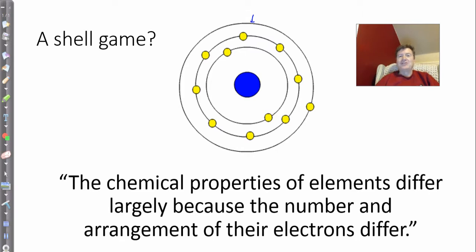Why is nitrogen different than carbon, different than lithium, different than oxygen, different than all of them? Because their electrons are a little different in terms of the number they have, and maybe these shells. We have the shells here. We have one electron, for example, in this shell. Maybe another one has 2 electrons or 3 electrons in its shell. And that is largely why elements have different abilities to bond to other elements. That's very critical.